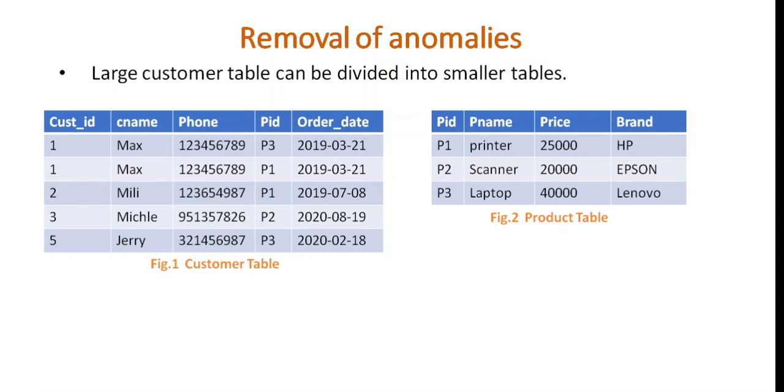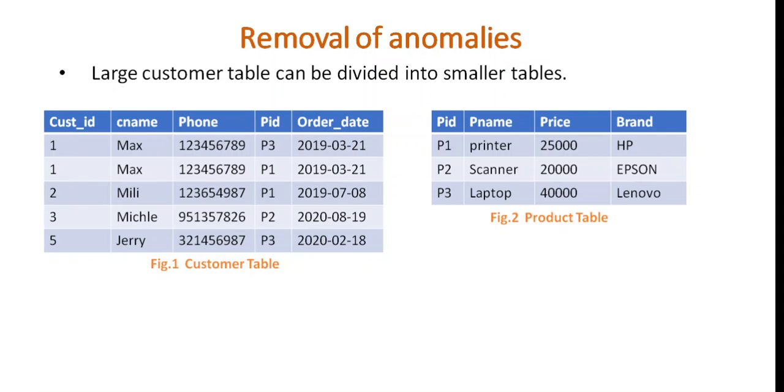Now let's focus on the delete problem. If I want to delete any information for a product, I can easily delete that data from the product table, but my customer information will remain as it is in the customer table. Similarly, if I delete data for any customer, the product information will be saved in the product table.